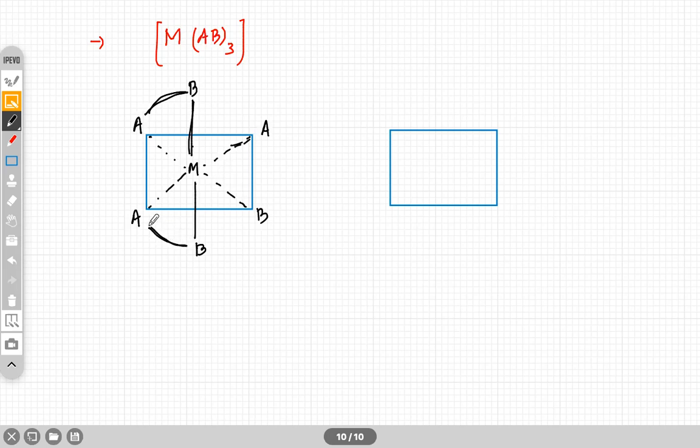These are connected and these are connected. Another possibility, I think one more should be there.